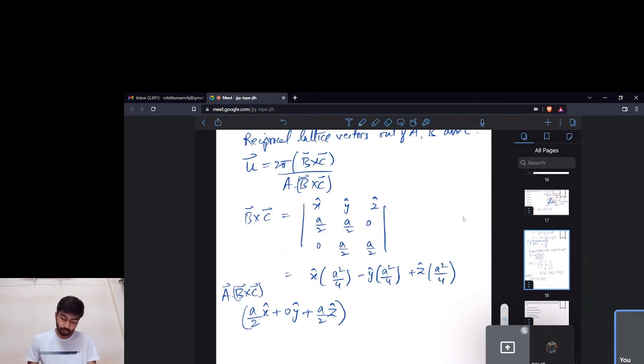Dot product with x cap A squared by 4 minus y cap A squared by 4 plus z cap A squared by 4.